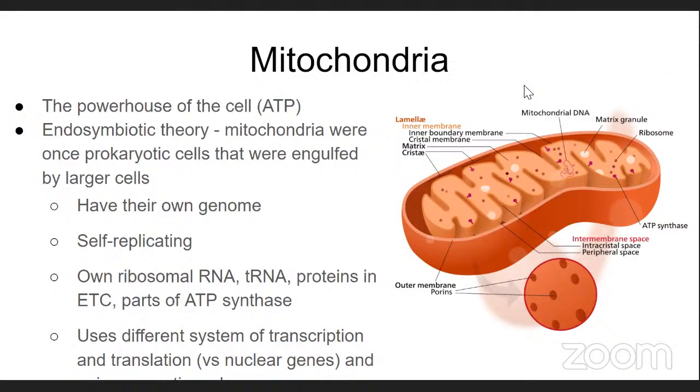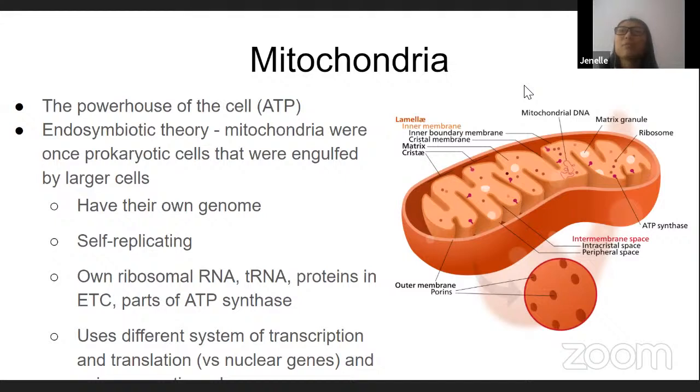So as Opal mentioned, for these DNA tests, for the mitochondrial DNA, they specifically usually look at the mother. The reason is that mitochondrial DNA is maternally inherited only. Let me just double check this. Yeah, it's maternally inherited.